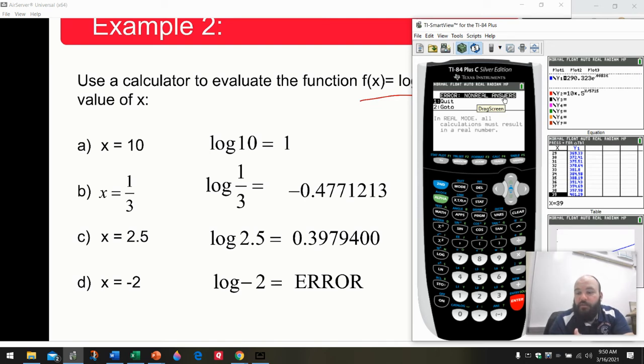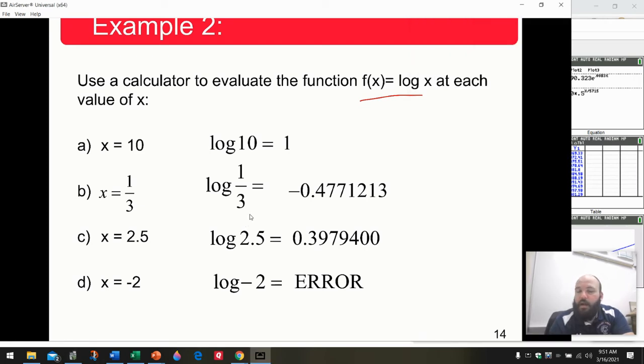So what they're saying is you will get an imaginary number, non-real answer. If you go to that, it's going to put the cursor right after the negative 2. So what that's telling you is that you actually cannot take the log of negative numbers. And the reason will be more obvious whenever we take a look at the graph of a log function.